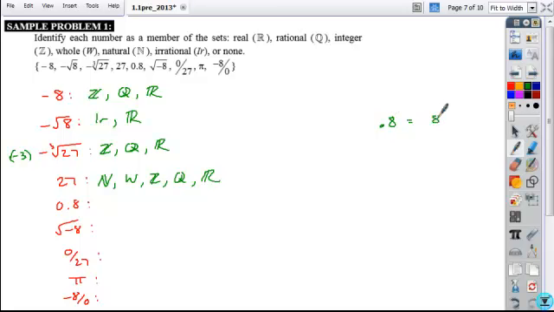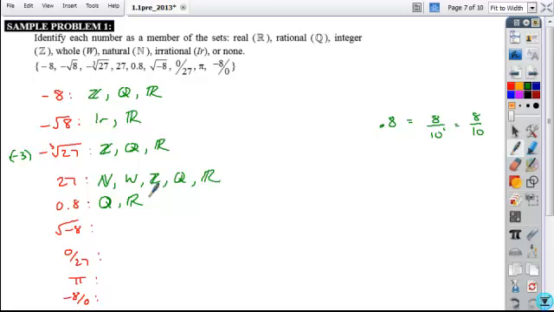Here, the only digit is 8, and divide it by 10 to the power of however many digits fall after your decimal point. There's only one digit after this, so 8 over 10 is the rational form for this. That means that this does in fact have a rational form. It's a rational number, and if it's rational, it also means it's a real number.